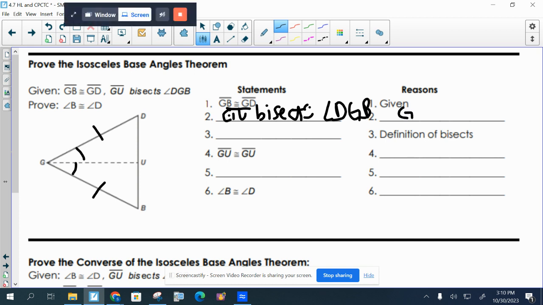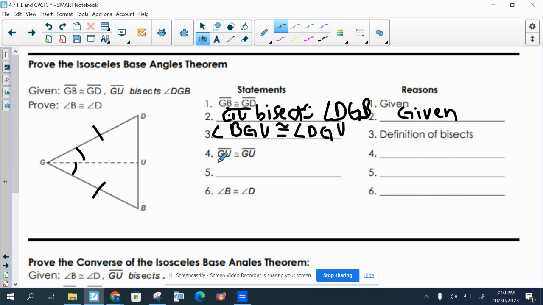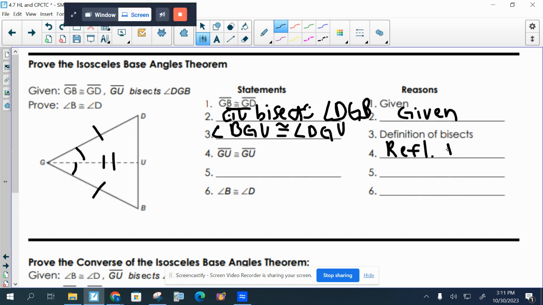And that's a given for the second reason. So angle, we'll say BGU congruent to angle DGU. Then GU is congruent to GU. Reflexive property.